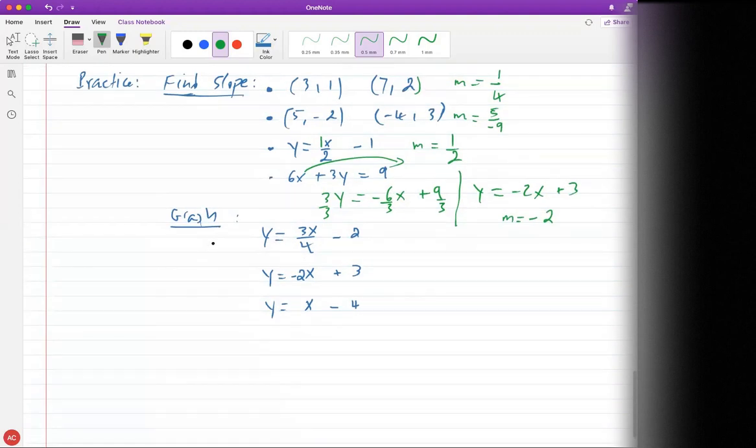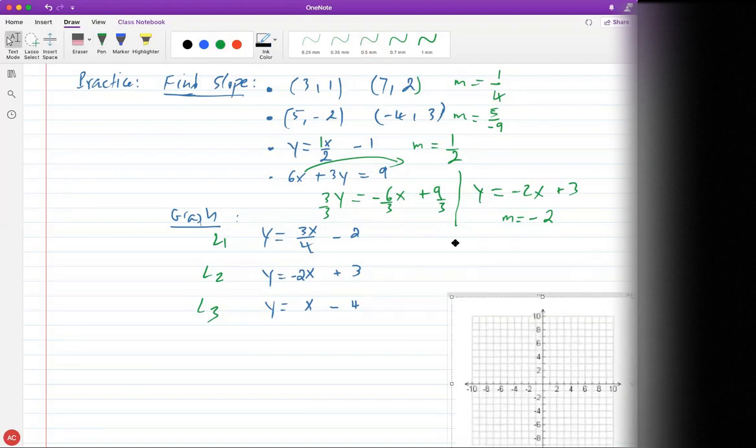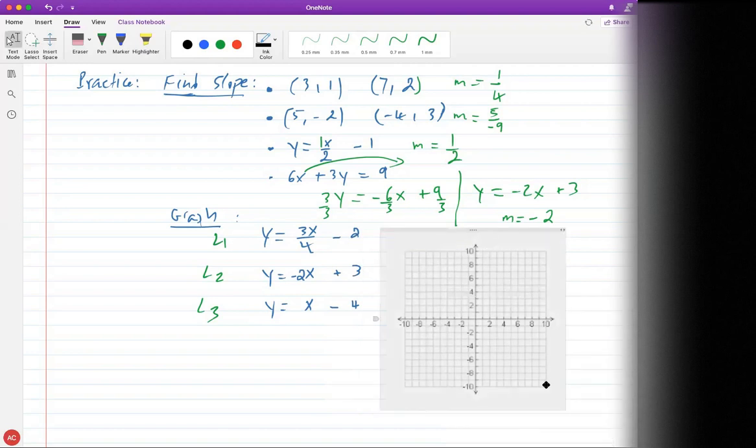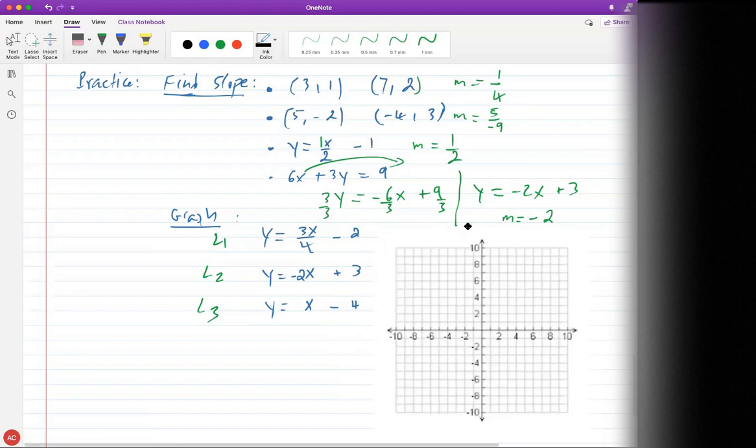Now let's do some graphs. So we have line 1, line 2, line 3. We can do those all in the same graph to save paper and the trees, virtually. Okay, so line 1. Someone tell us the 2 steps here quickly.